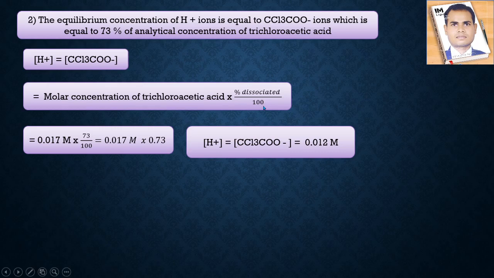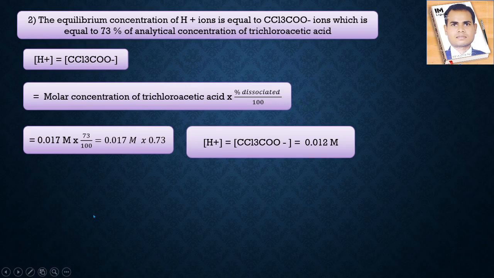The dissociated fraction we know is 73%, and the molar concentration of trichloroacetic acid we also know, so we can calculate: 0.017 times 73 divided by 100, so 0.017 times 0.73.